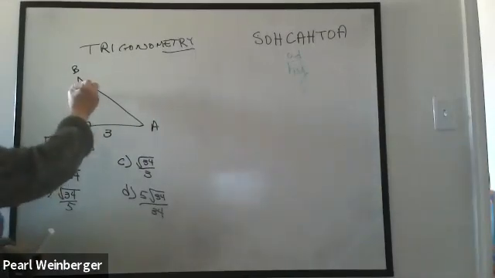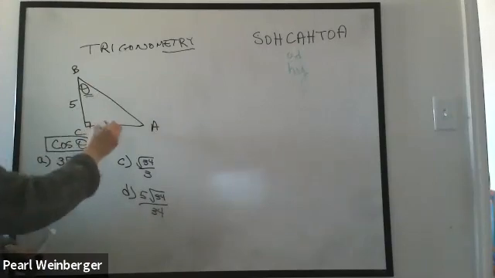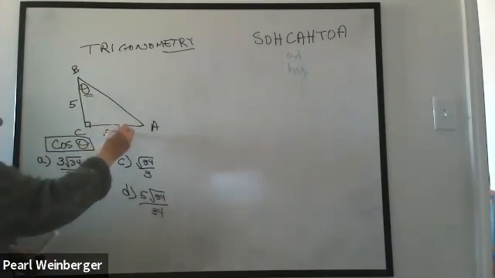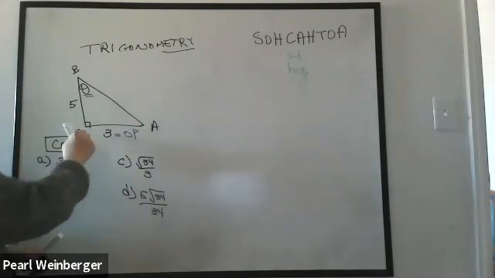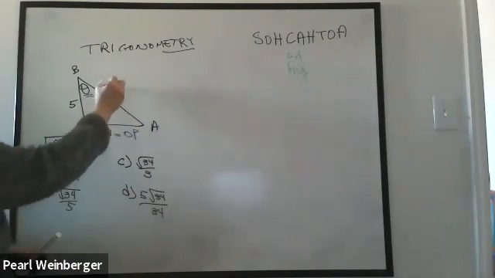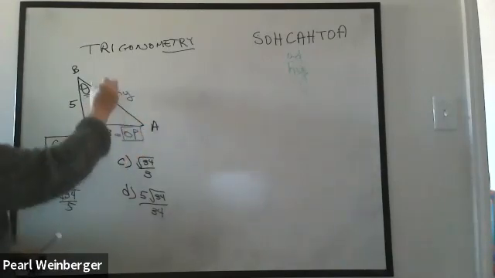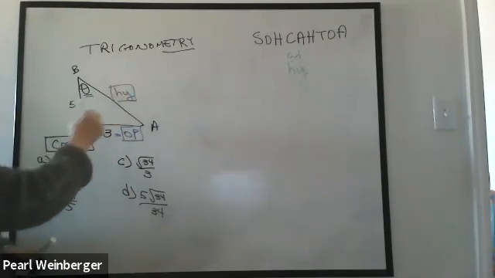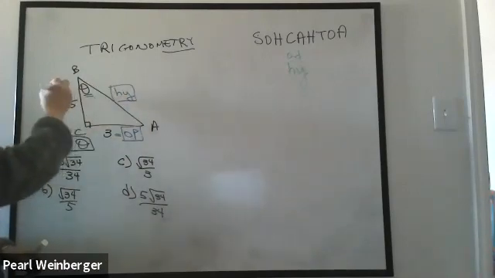So here is my angle theta. The opposite side to theta is this, the one that's across. The hypotenuse is the one that's across from the right angle. So this is my hypotenuse. And the third side, the one that's attached to it, that's not the hypotenuse, that's my adjacent side.